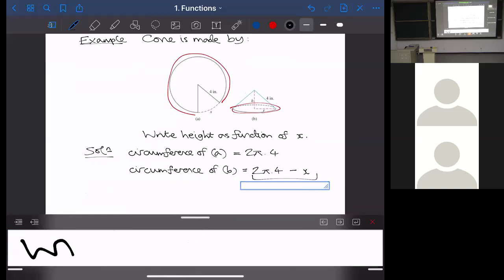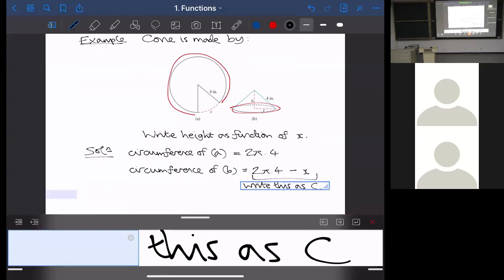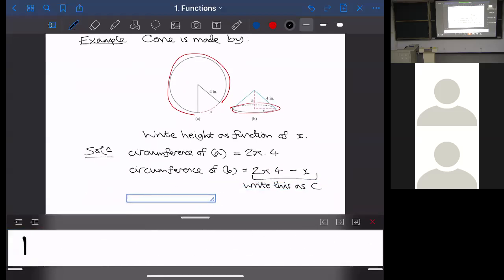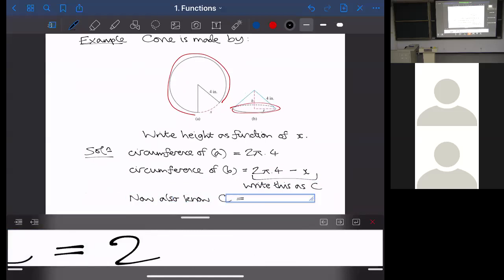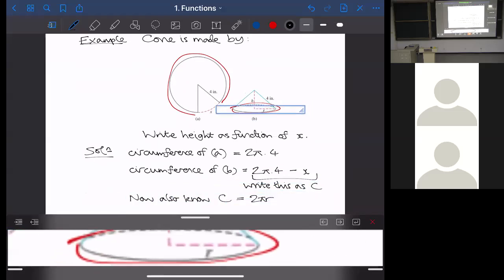So let's write this as C. Now we also know that C is 2 pi r, because the circle in B has radius r.